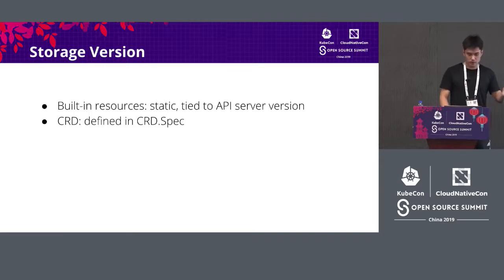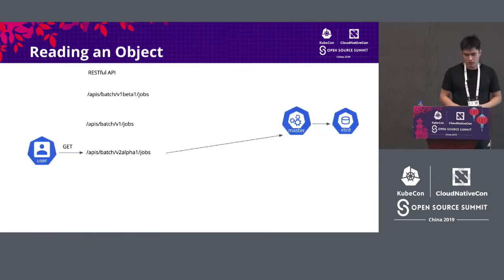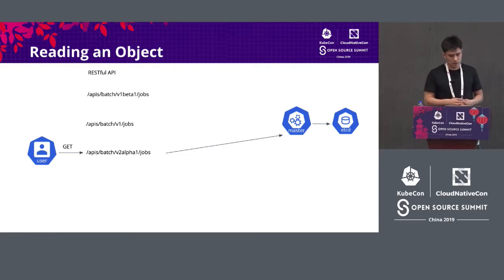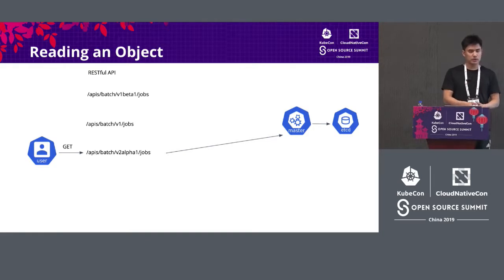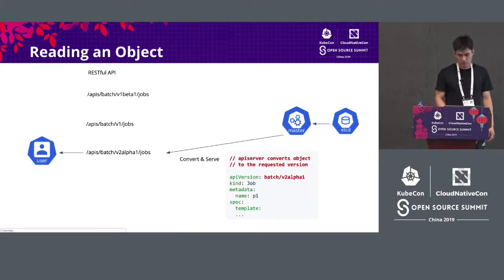Okay, now let's go back to the main topic. Previously we talked about what happens when you create an object. Now let's look at what happens when you're reading an object. The user can choose to get the object from a different URL path at a different version. We created it via the v1beta1 path, but now the user tries to get it from the v2alpha1 path.